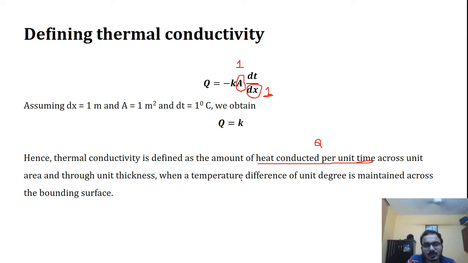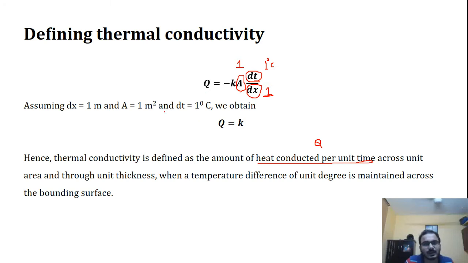When a temperature difference of unit degree, so this value of 1 degree Celsius, is maintained across the bounding surface. So whenever these conditions are satisfied, that is unit area, unit thickness and unit temperature difference, then Q, that is the heat conducted per unit time, will be equal to a quantity which is known as thermal conductivity.